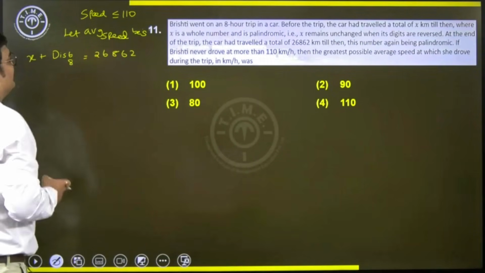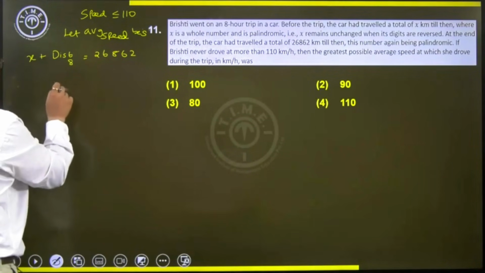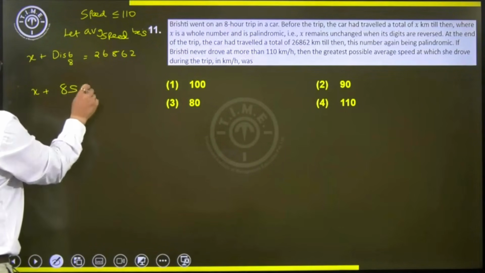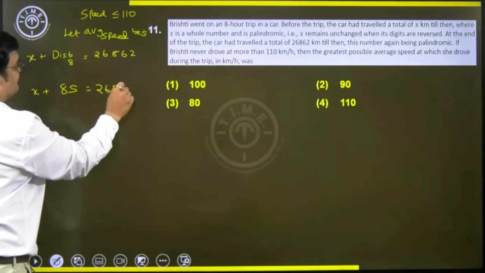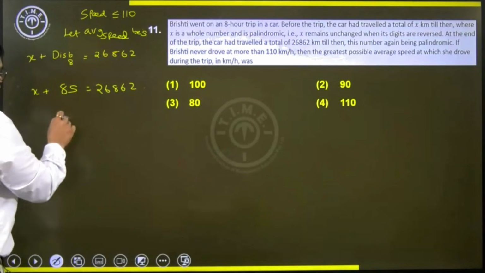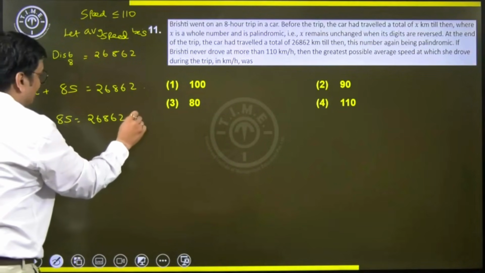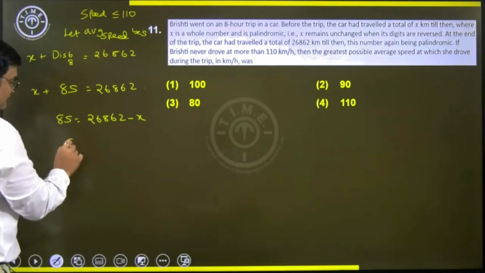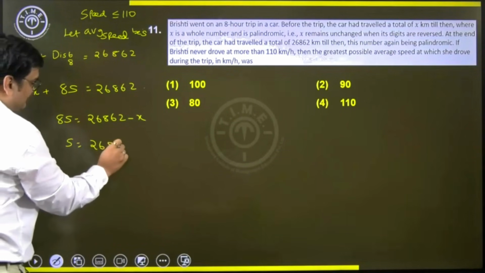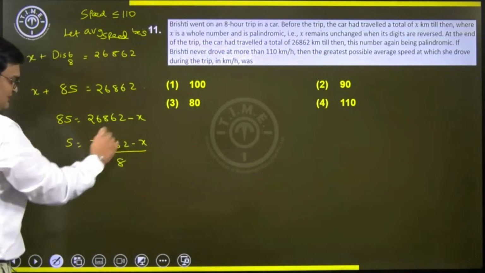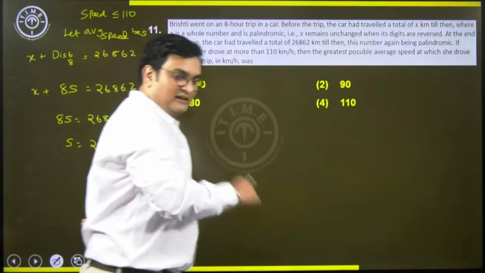So, if the average speed is s, the distance travelled in 8 hours will be 8 into s. So, x plus 8 into s should be equal to 26862. That means 8 into s should be equal to 26862 minus x. So, s should be equal to (26862 minus x) by 8, and this is going to be our answer. s is our average speed.